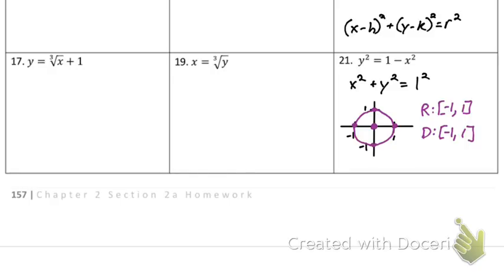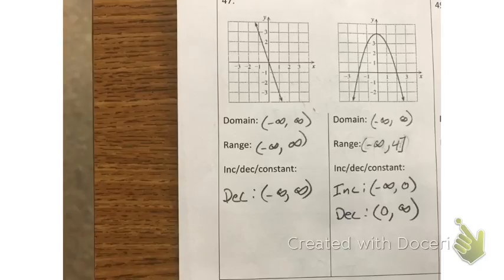And then for increasing, shouldn't it be 4 to infinity? So let me just take a picture real quick. So you want the decreasing to go from 4 to negative infinity? Yeah.